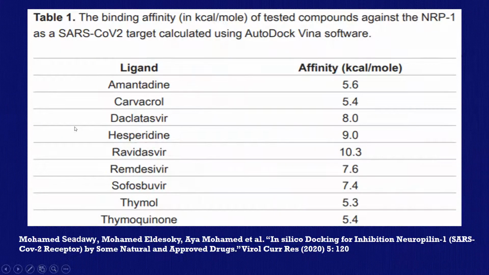Another study by Muhammad Sadawi et al. showed that the direct-acting antiviral drugs ravidasvir and daclatasvir, in addition to the bioflavonoid hesperidin, show the highest binding affinity to the neuropilin 1, which is one of the SARS-CoV-2 receptors.